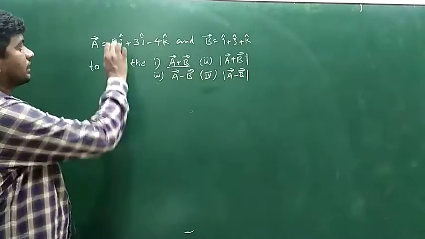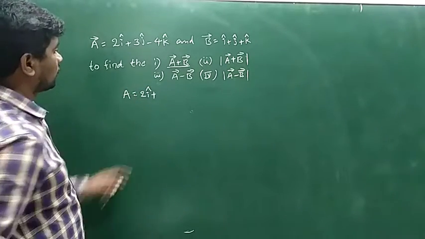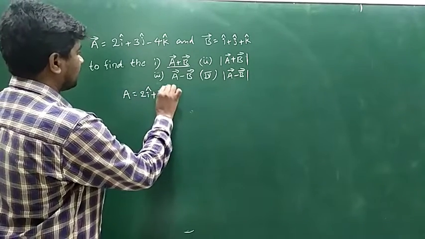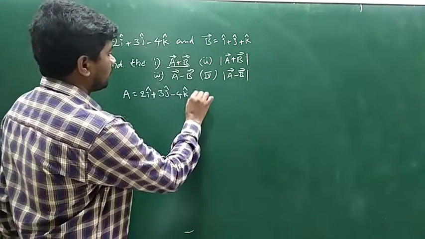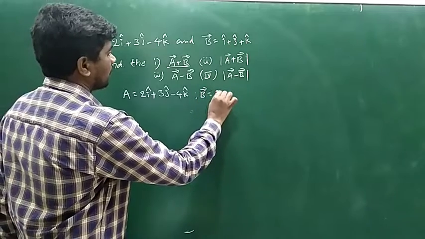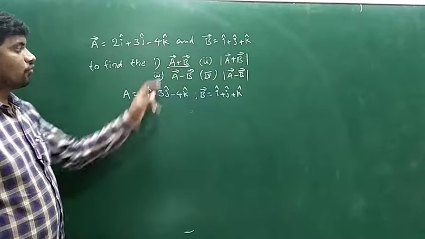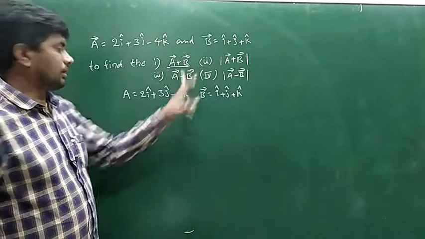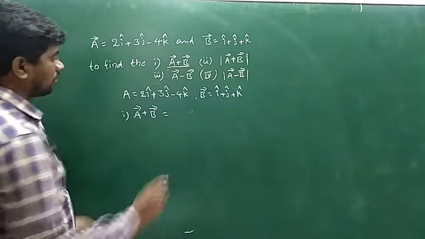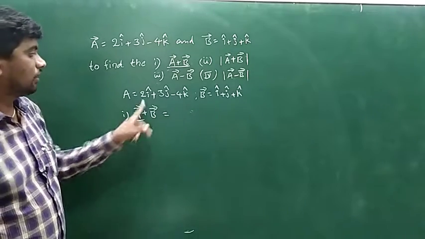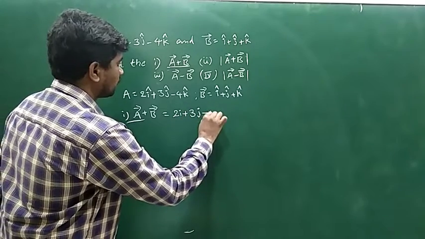First of all, take the two vectors, a equal to 2i cap plus 3j cap minus 4k cap. Next, another vector is the b vector. b bar equal to i cap plus j cap plus k cap. To find out a bar plus b bar, write down a bar equal to 2i plus 3j minus 4k.